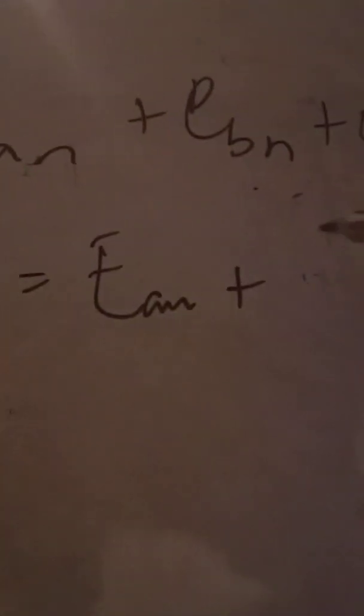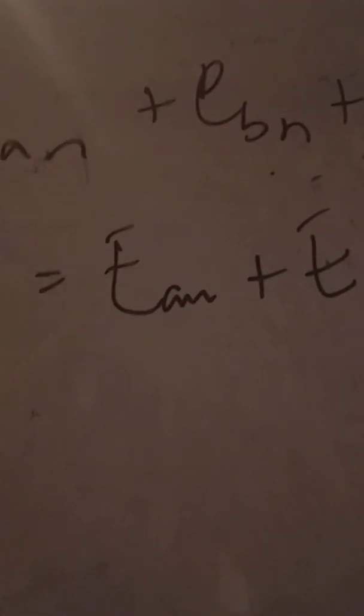Our EAN is 1 at angle 0, plus EBN, which is 1 at angle minus 120 degrees, plus ECN, which is 1 at angle 120 degrees.